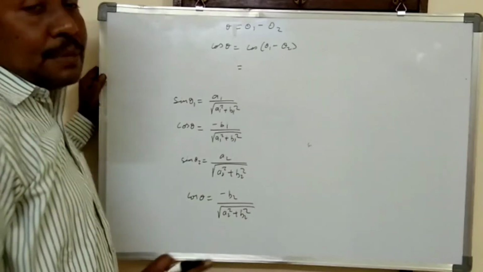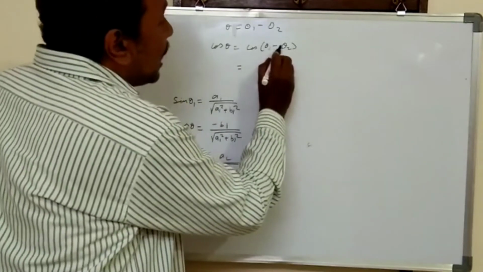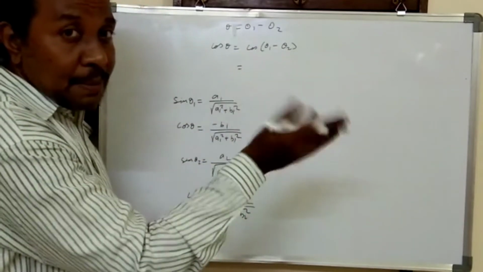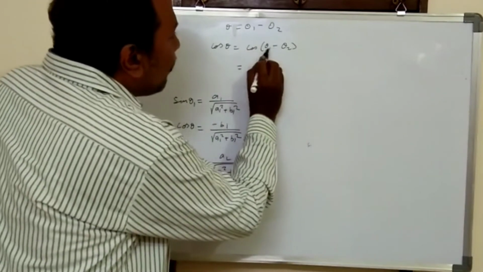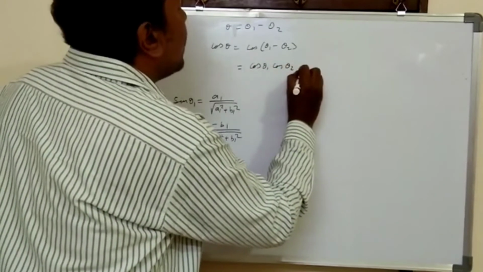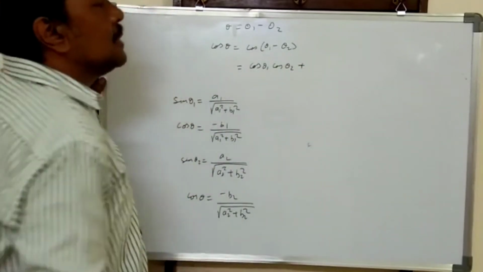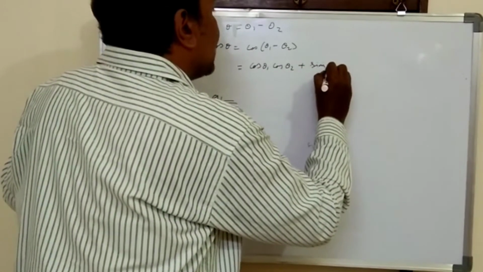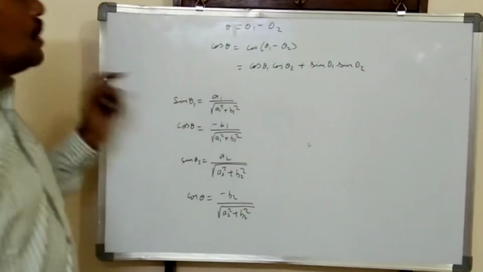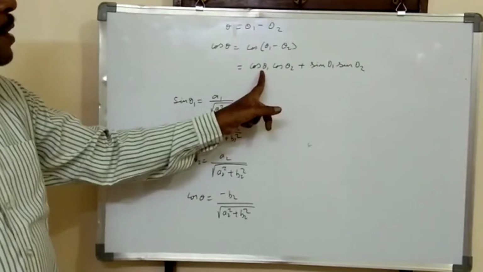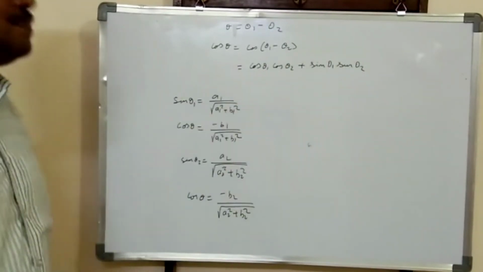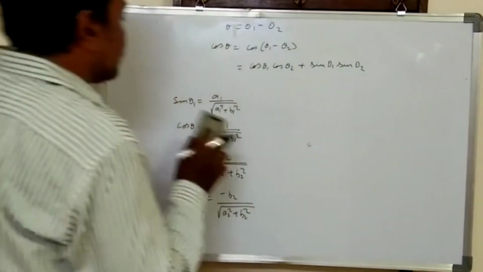You should accept one thing, that cos(A minus B) is equal to cos A cos B plus sin A sin B. So cos of theta 1 minus theta 2 is equal to cos theta 1 cos theta 2 plus sin theta 1 sin theta 2. Now apply the formula.